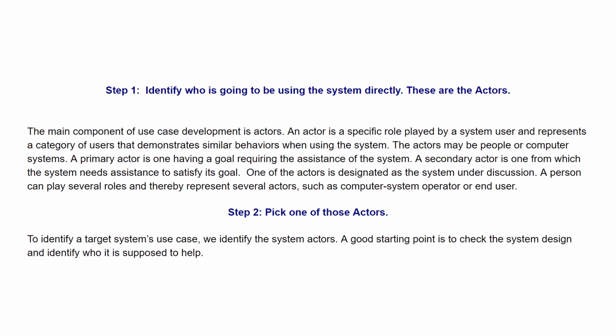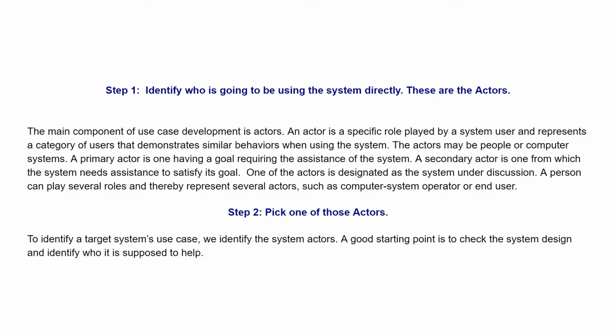The actors may be people or computer systems. A primary actor is one having a goal requiring the assistance of the system. A secondary actor is one from which the system needs assistance to satisfy a goal. One of the actors is designated as the system under discussion. A person can play several roles and thereby represent several actors, such as computer system, operator, or end user.